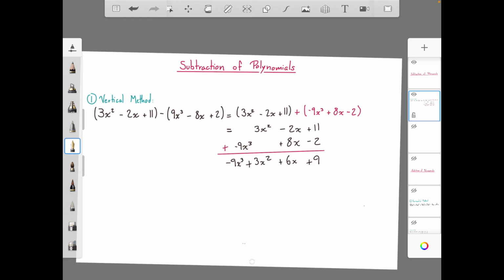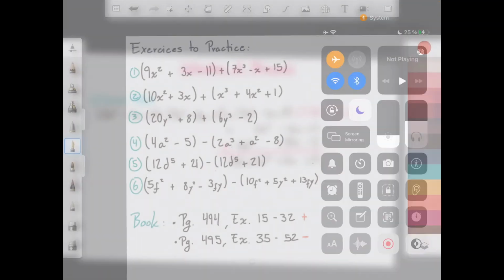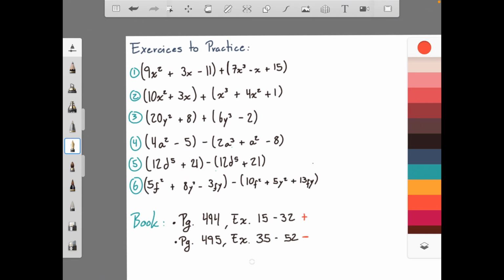And now I'm going to show you some exercises that you can practice with to practice addition and subtraction of polynomials. Finally I came up with these 6 exercises that basically cover everything for today's lesson. I would also recommend checking out these pages if you want to practice even more.